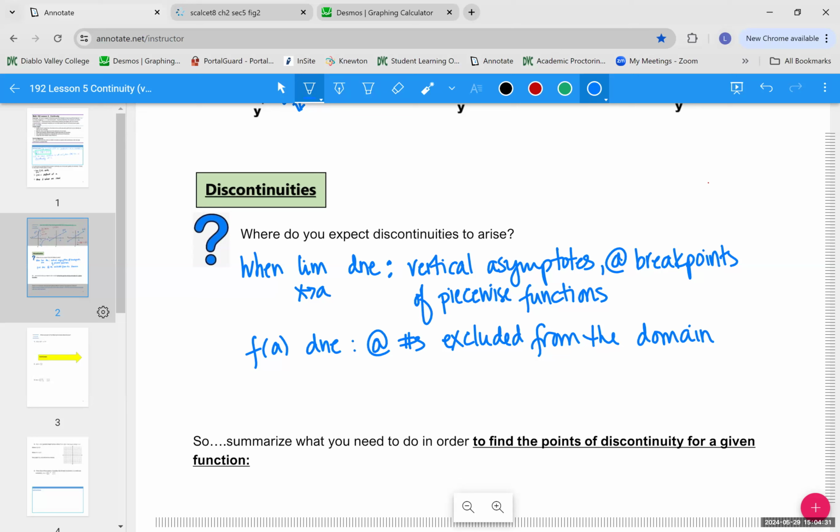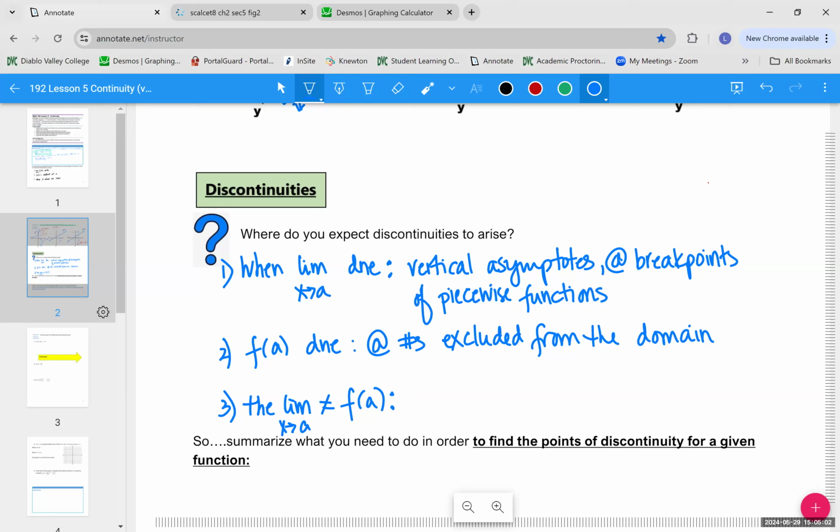And then the last option is when the limit does exist and the function does exist, but the two are not equal. So this is kind of setting up a few different options. So the limit does not equal f of a. And we've kind of already talked about where that might happen, like at breakpoints of piecewise functions.